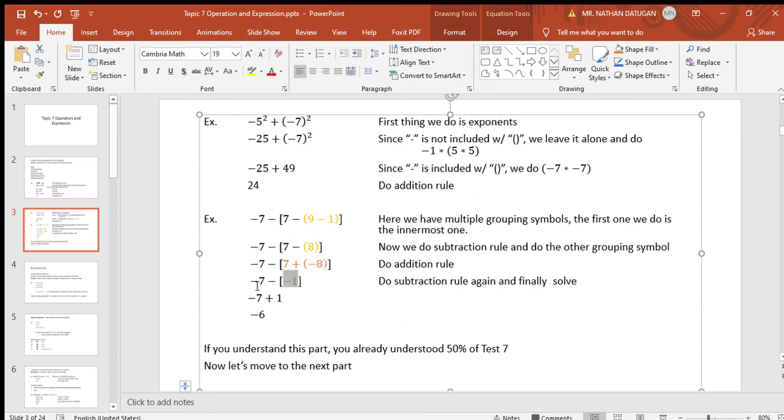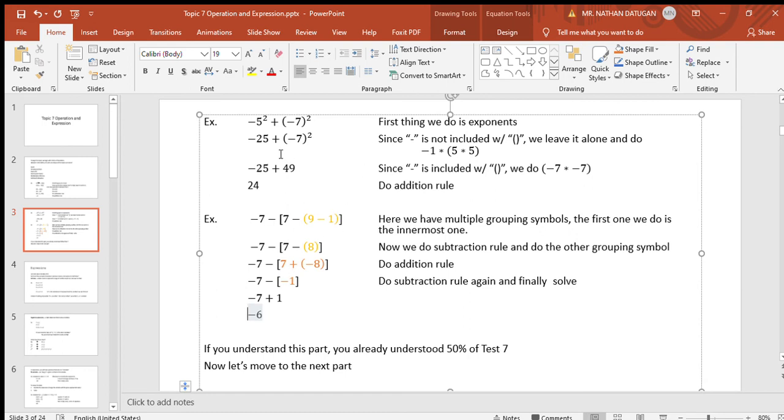Now we're left with negative 7 minus negative 1. Now we're going to do the subtraction rule again. We change this to plus, and we change negative 1 to its opposite. What's the opposite of negative 1? 1. That's why we have negative 7 plus 1. Negative 7 plus 1 is what? Negative 6. And that's your final answer.